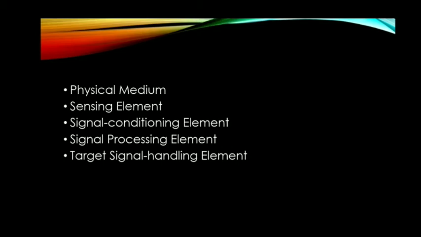The target signal handling element may perform a variety of functions depending on the target application. It may therefore contain data or signal display modules, recording or storage modules, or simply a feedback to a process control system. For example, a temperature chart recorder, an instrumentation tape recorder, a digital display, or an analog to digital converter, ADC, followed by an interface to a process control computer.